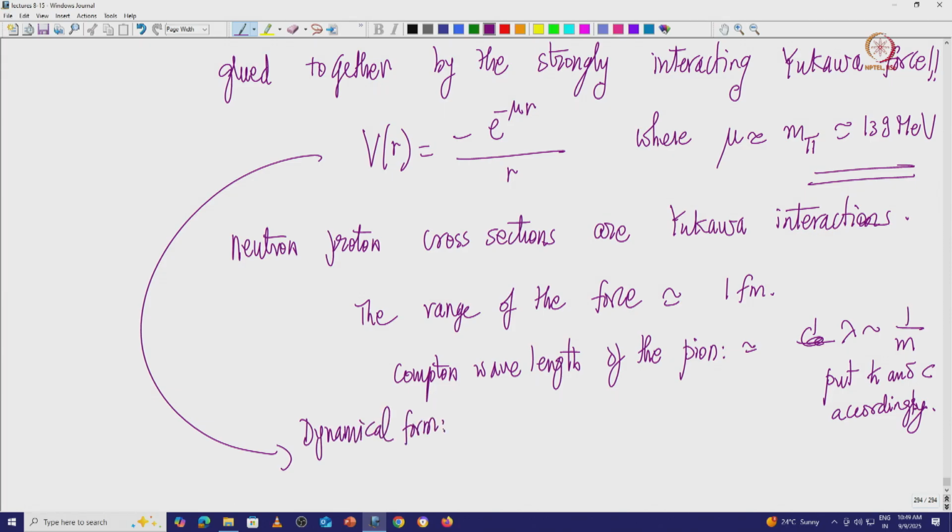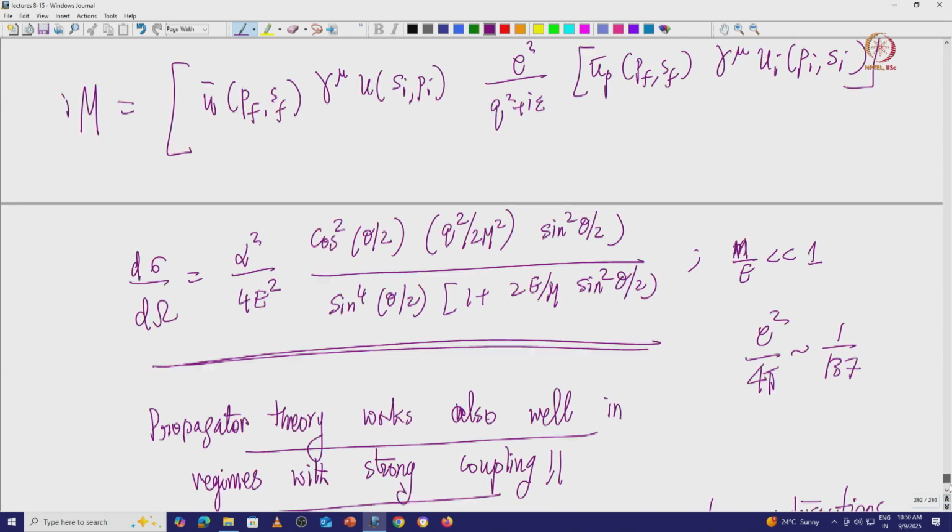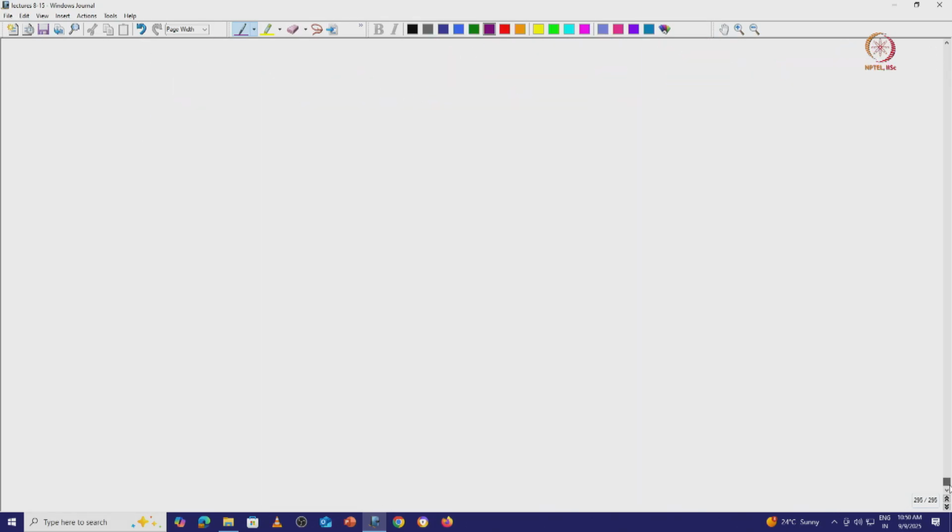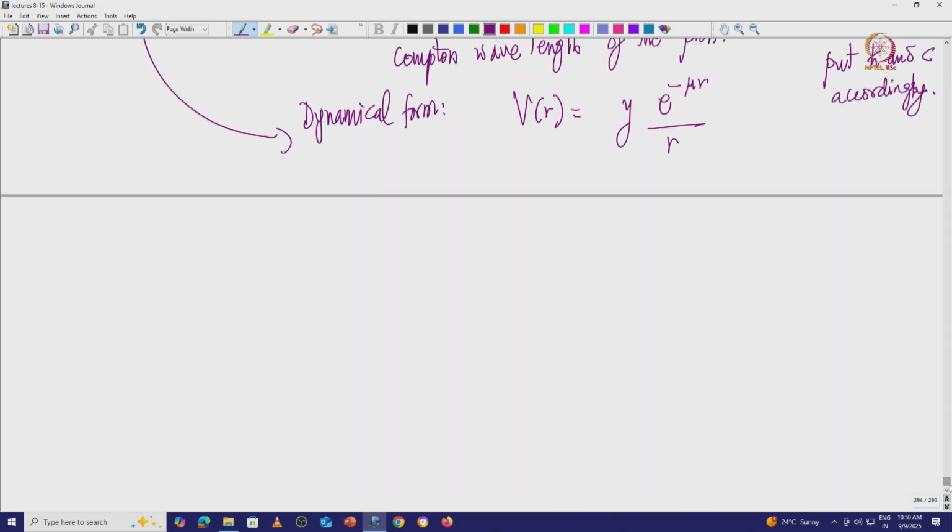If you want the dynamical form, you write V of r equal to y e to the minus mu r by r, and take the momentum space expression, the Fourier mode. This Fourier mode has the form y by q square minus mu square.